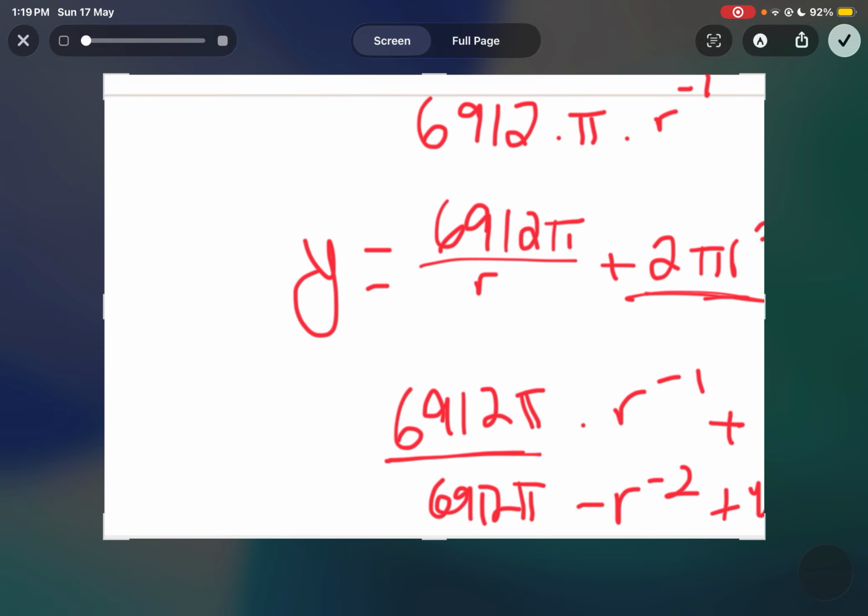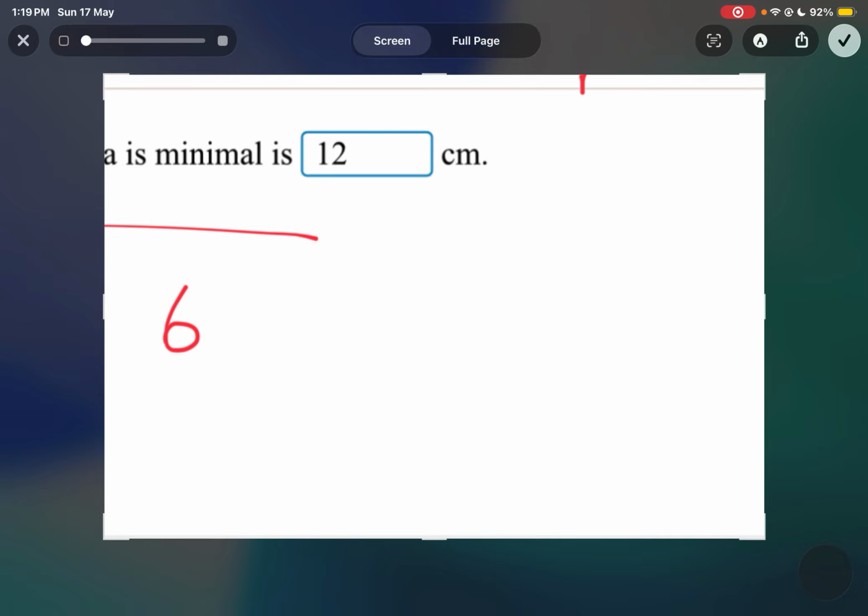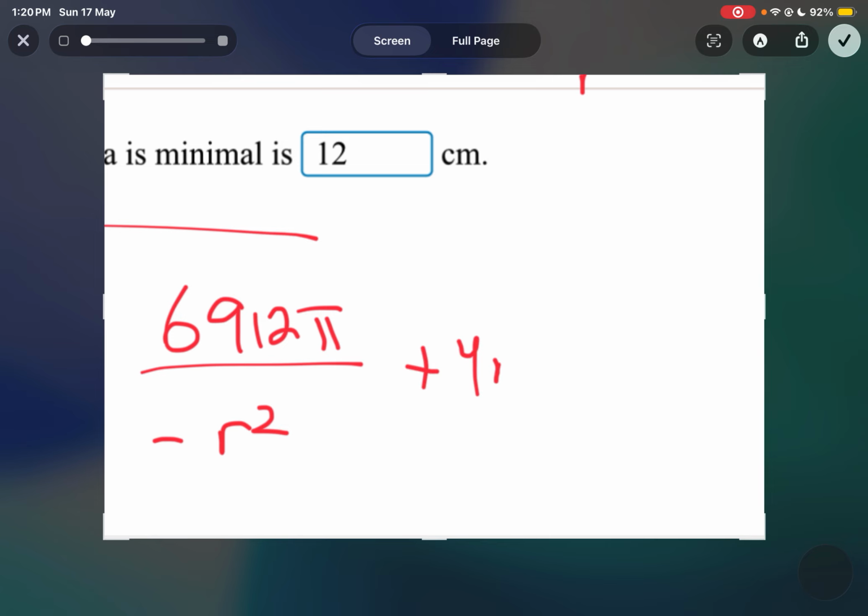Here we move the r, because negative 2, move it down, so it will be now 6912 pi over minus r squared plus 4 pi r. You put it now equal to 0 to find the values of r, because, like always, you put the derivative equal to 0 to find the values of x in a normal one.